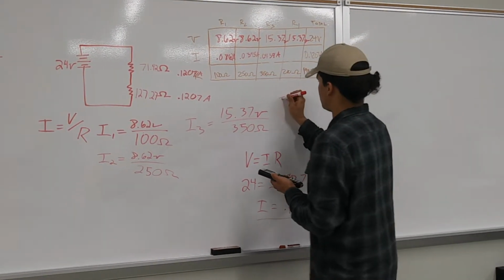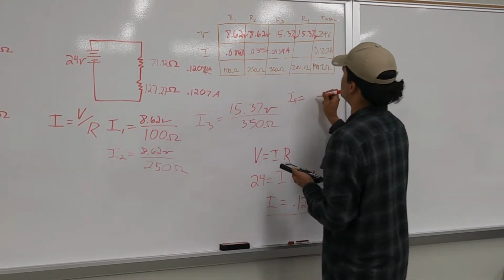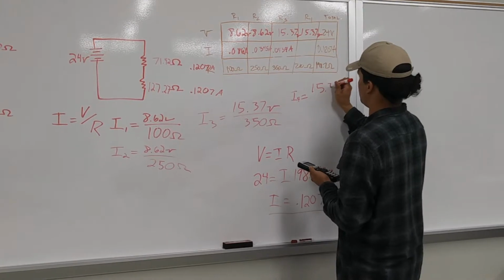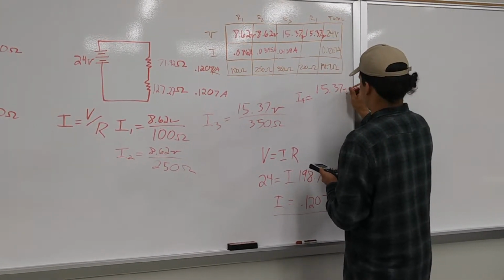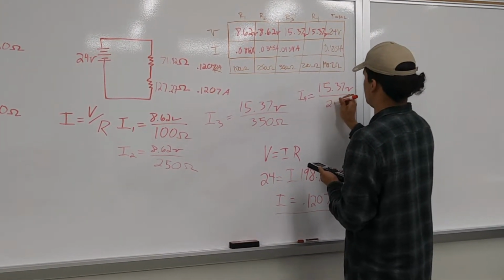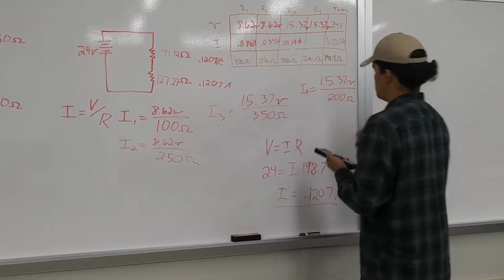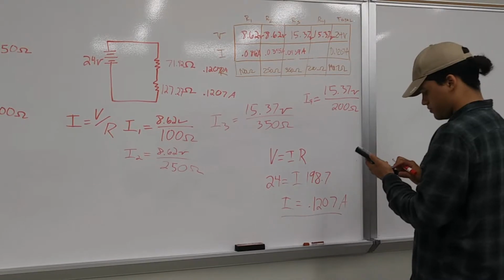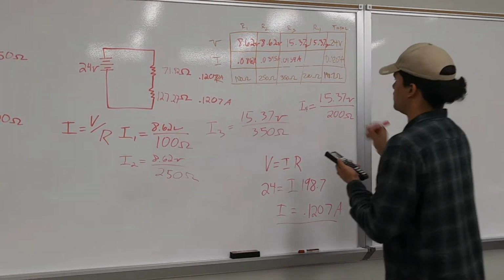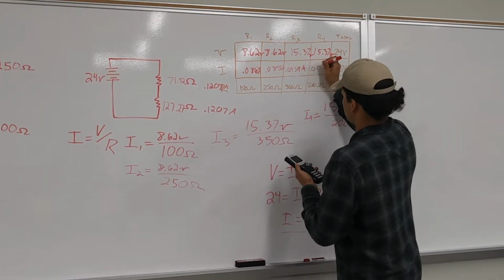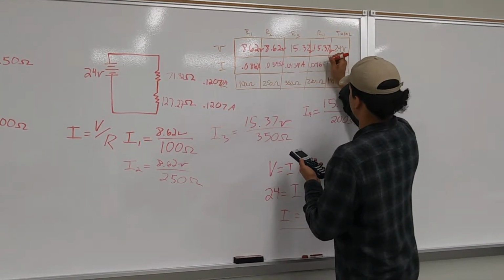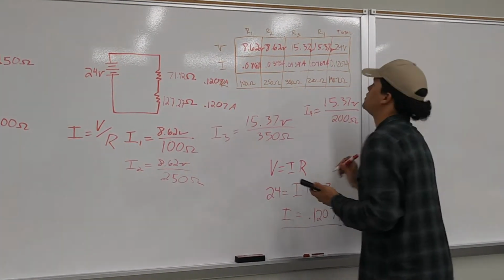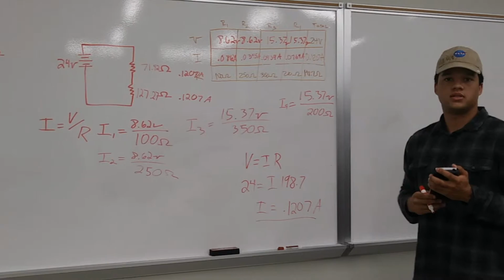And lastly, we're going to solve for I4, which is going to be 15.37 volts divided by 200 ohms, which is going to give us 0.0769 amps. And that's Ohm's law.